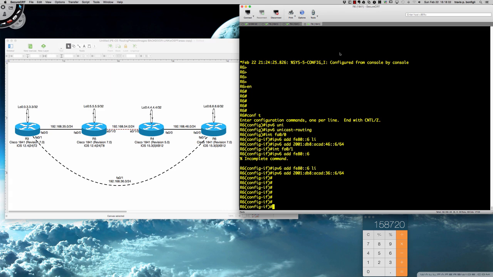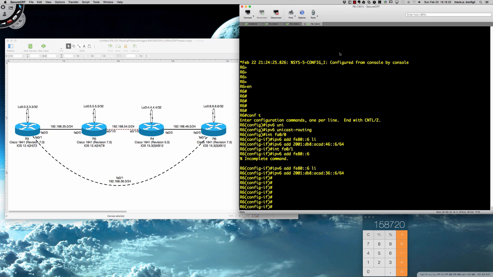All right, so we have the link local addresses configured, right? And it's exactly those same IPv6 link local addresses that allow the devices to communicate with other devices that are running IPv6.